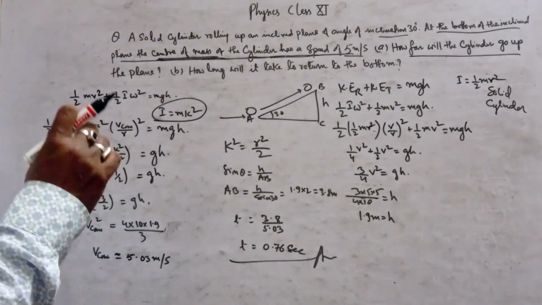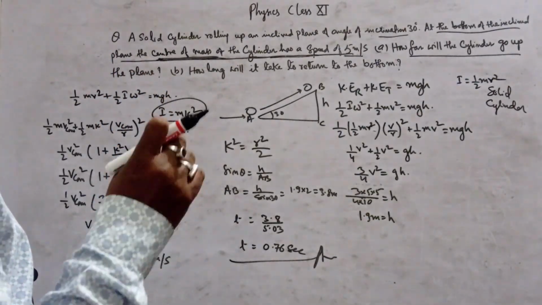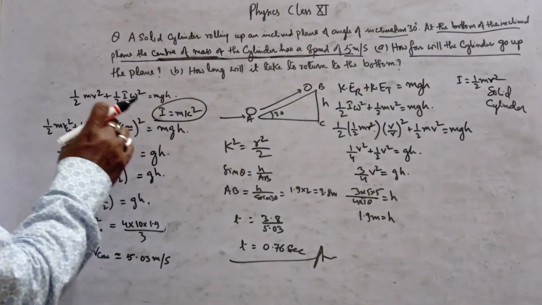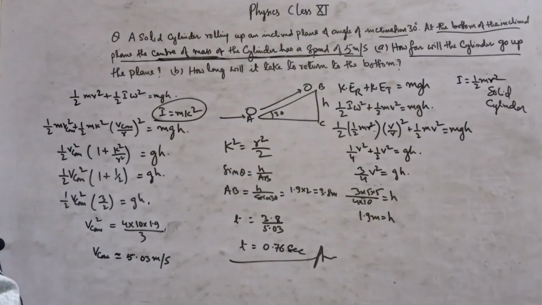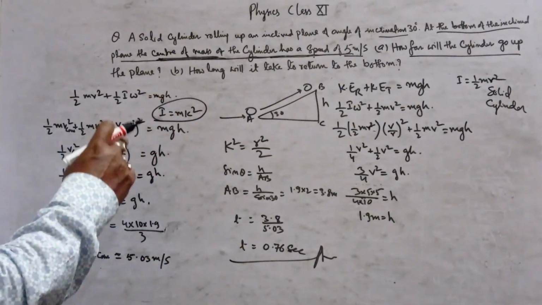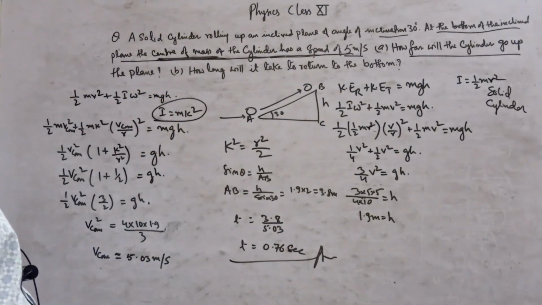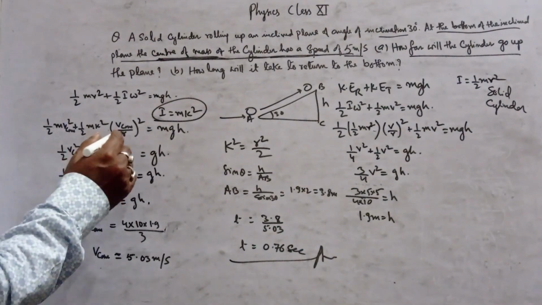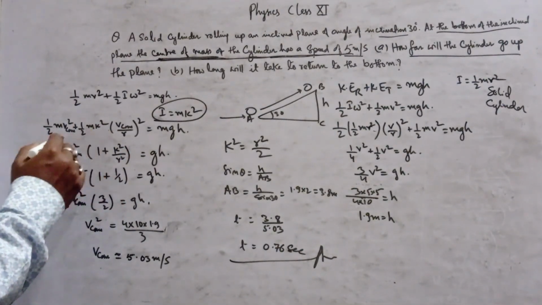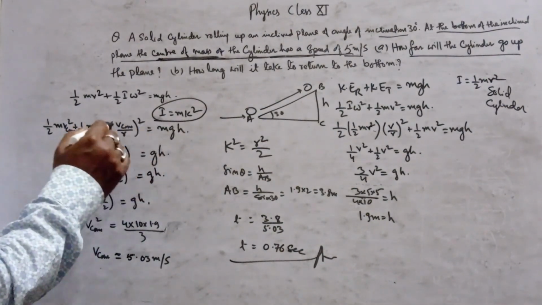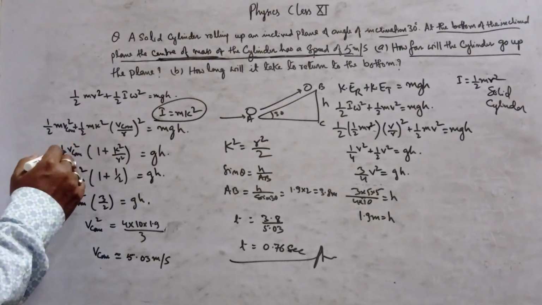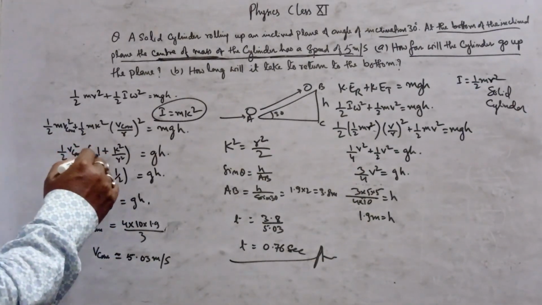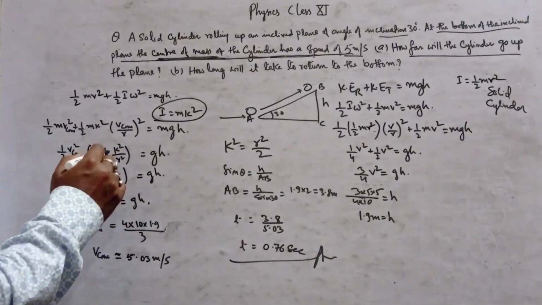When we consider the velocity of the center of mass, we take I equal to mk square, where k is the radius of gyration. Now if you take half v square common, the m cancels out, and this will be your result.